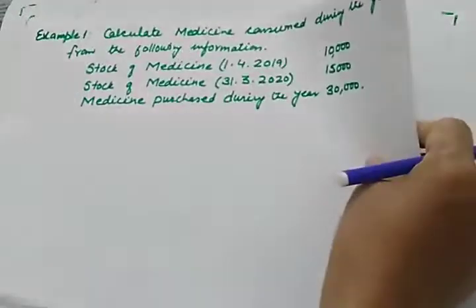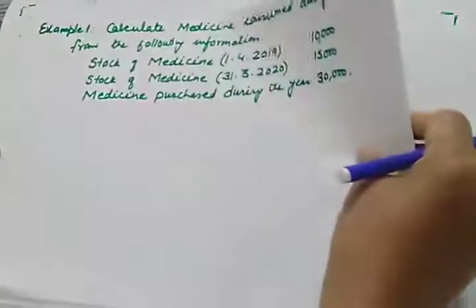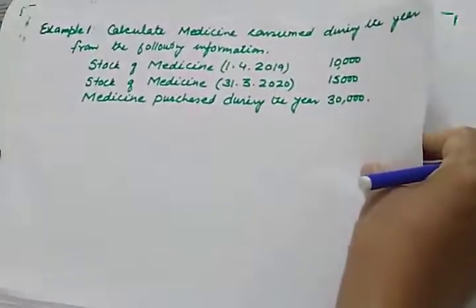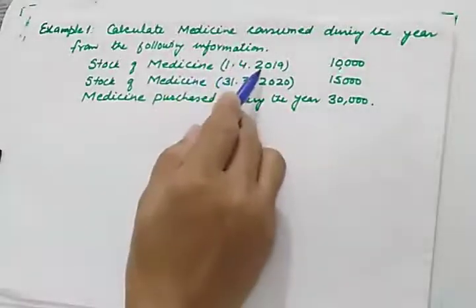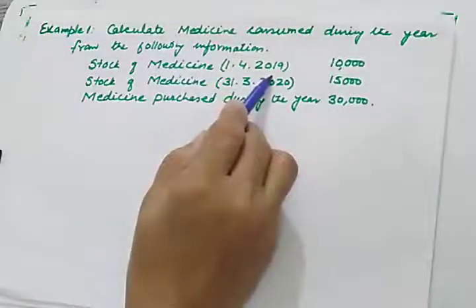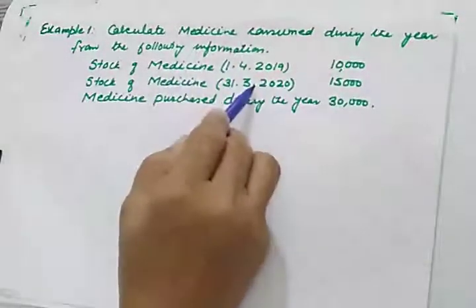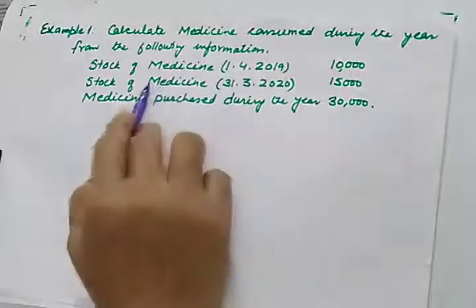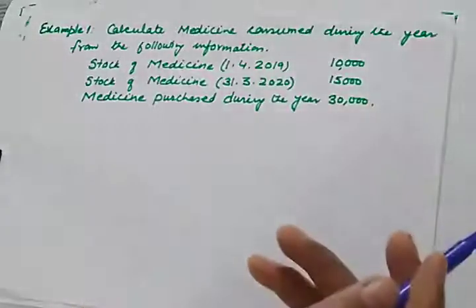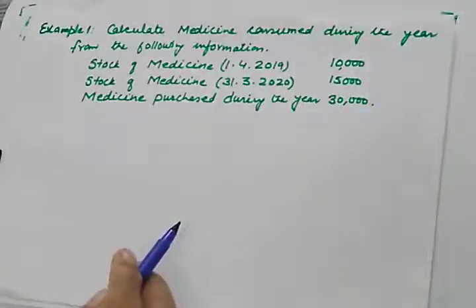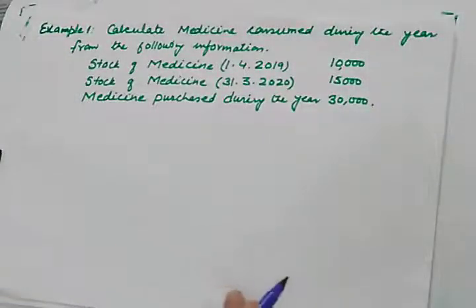Calculate the material consumed from the following information. Opening stock is given to you. Then closing stock of medicine is also given to us. Medicine purchased during the year. You can do it either with the help of a statement or with the help of an account, the stock of medicine account. So let us start.